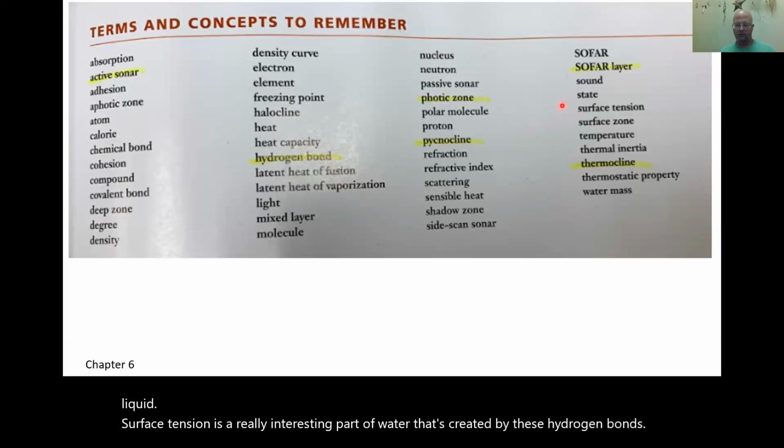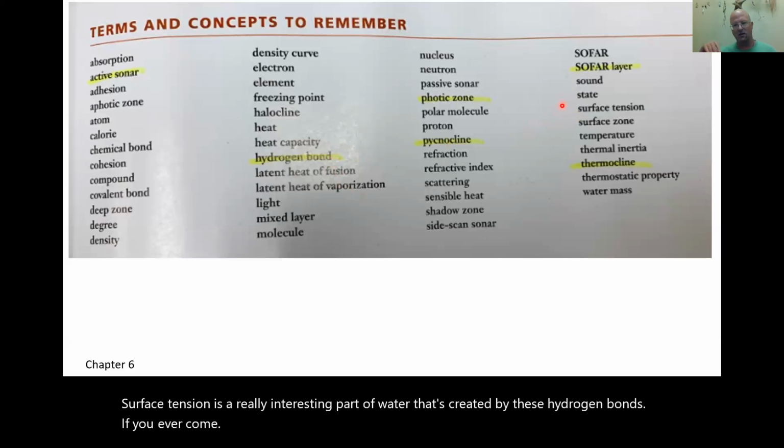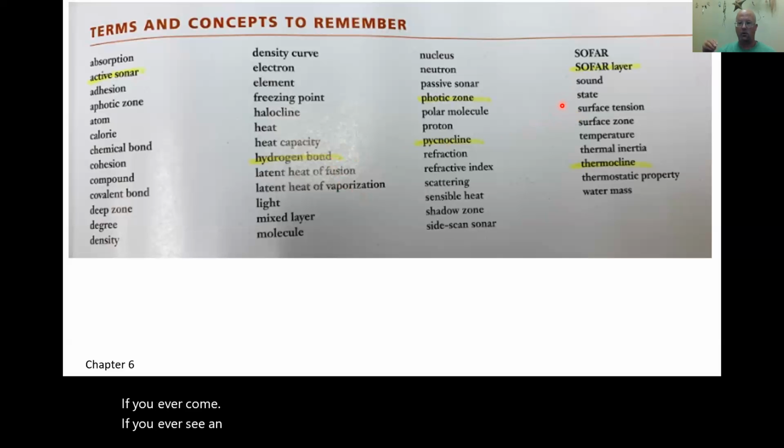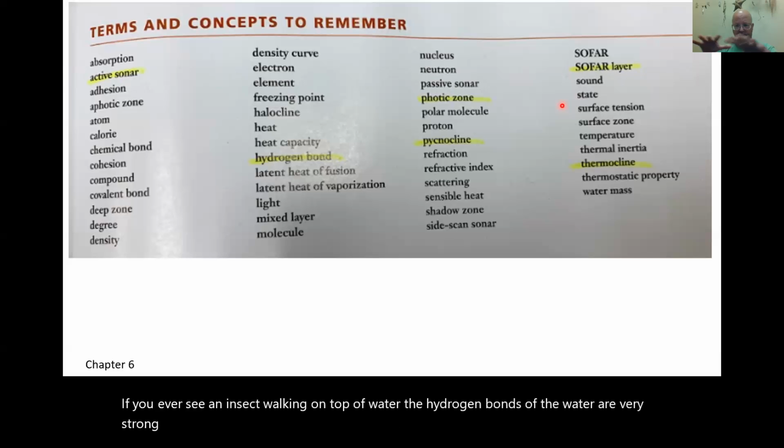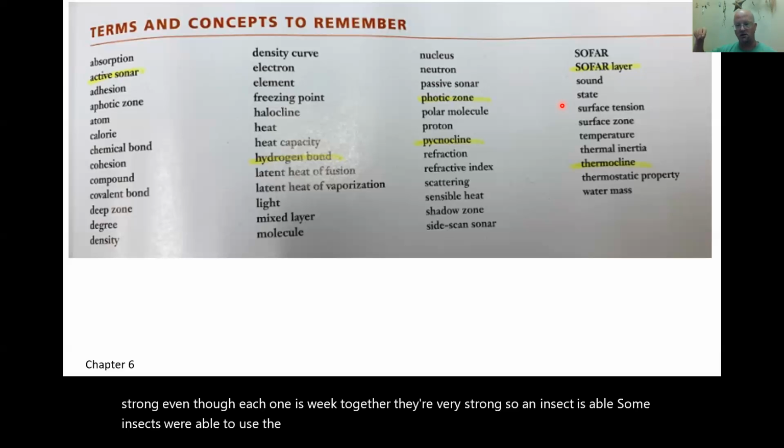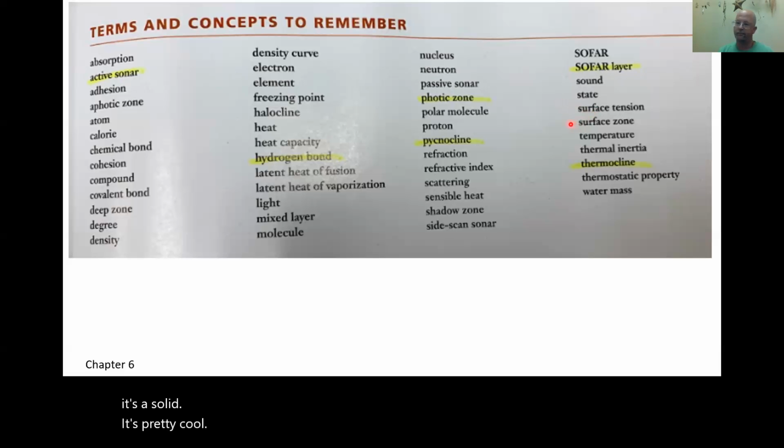If you ever see an insect walking on top of water, the hydrogen bonds of the water are very strong, even though each one is weak. Together, they're very strong. So some insects are able to use the tension created by those hydrogen bonds to walk on water like it's a solid. It's pretty cool. Surface zone, the top part of the ocean.